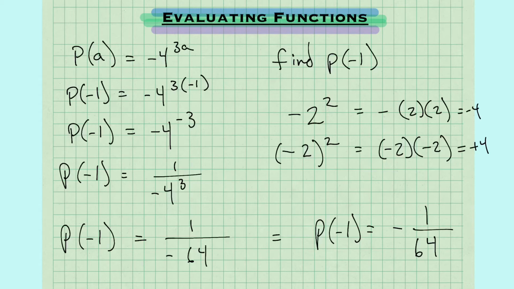And this is one of the reasons why it's important to put parentheses around your variable when you're plugging it in, wherever you're plugging it in, because of things like this. This is an easy way to make a mistake. If you put your parentheses, you won't be making these mistakes.